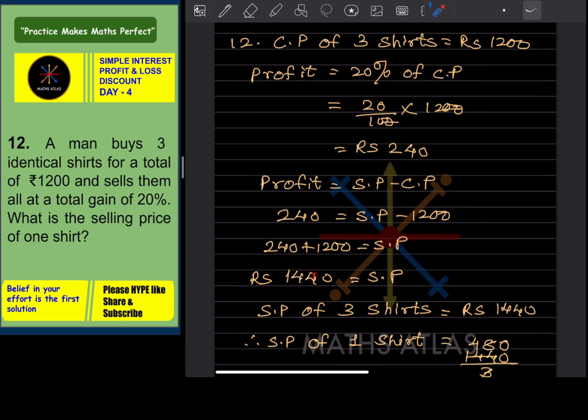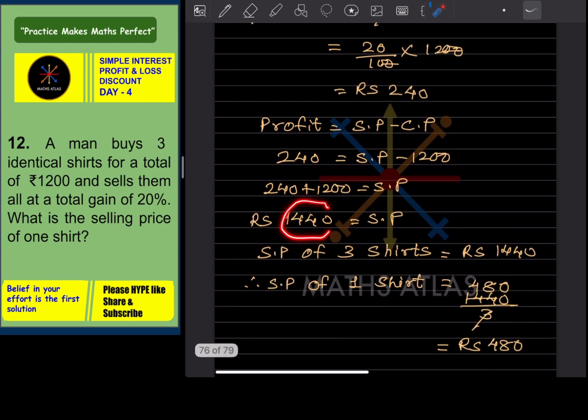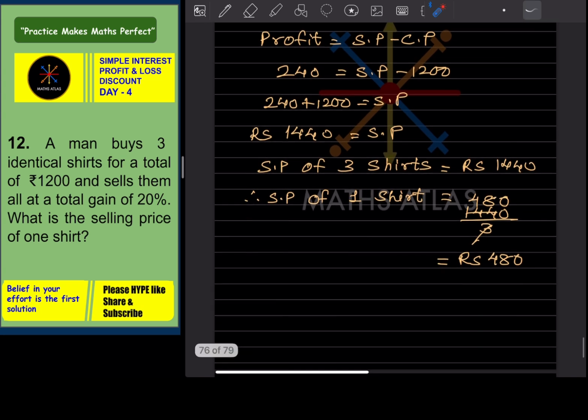When we add this, we get 1440. They asked what is the selling price of one shirt. The selling price we got for three shirts was 1440. So for three it is 1440, for one you are going to divide it. 1440 divided by 3 is going to be rupees 480.